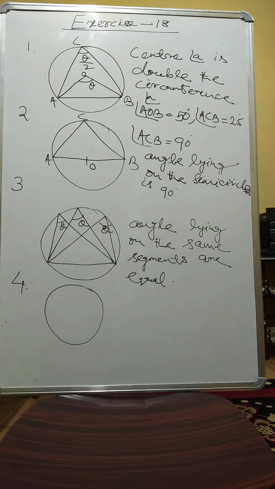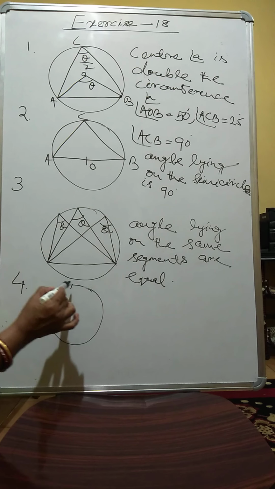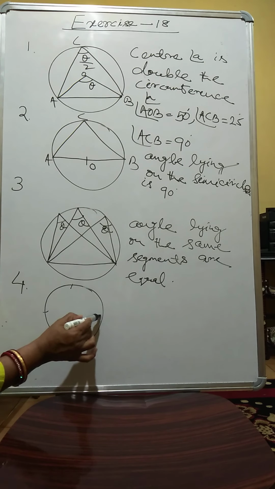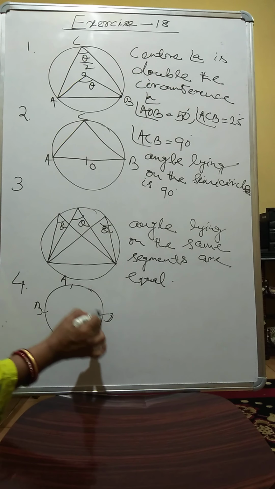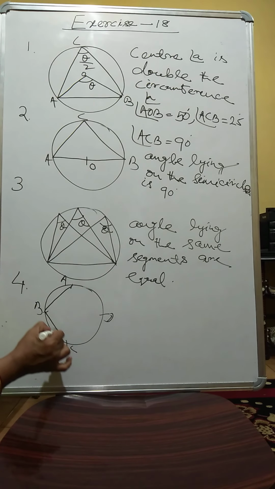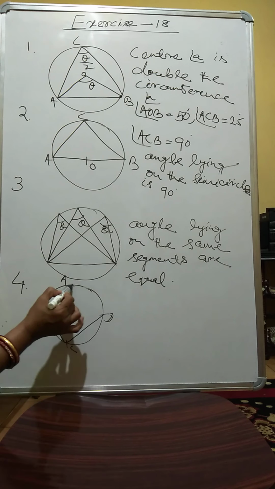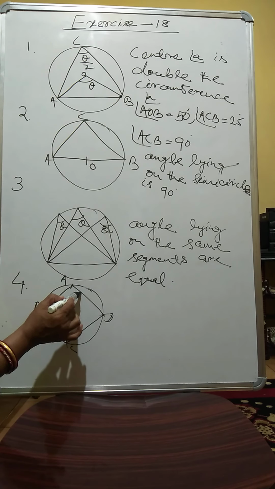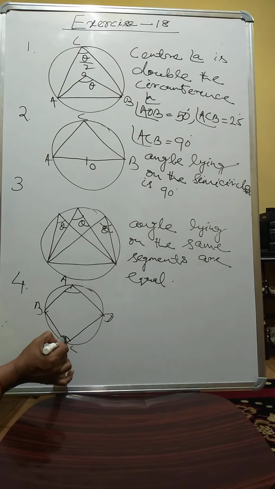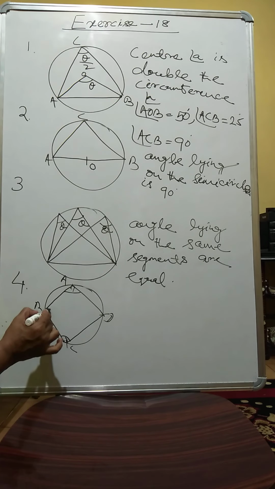What is a cyclic quadrilateral? If 4 points lie on the circumference and they are joined by straight lines, it is known as cyclic quadrilateral. The sum of the opposite angles of a cyclic quadrilateral is supplementary.